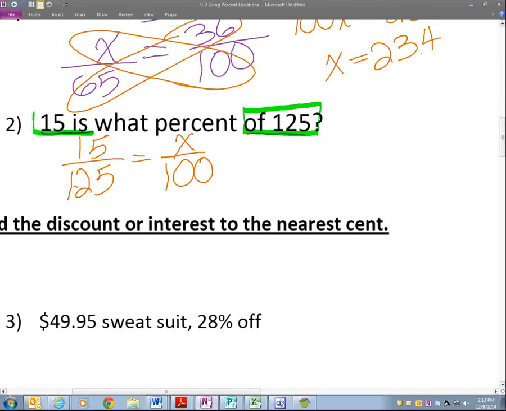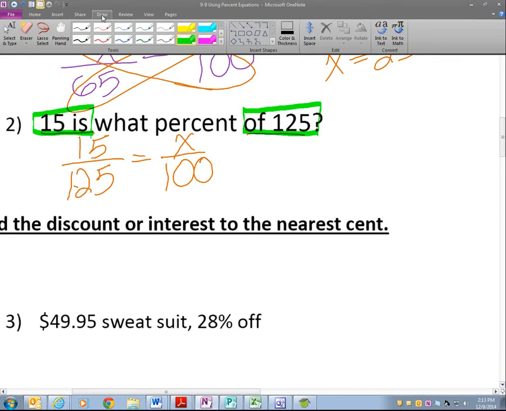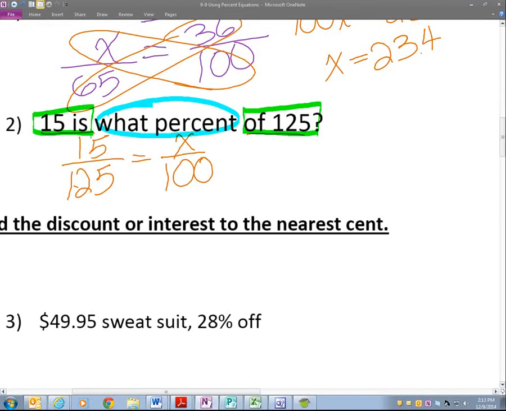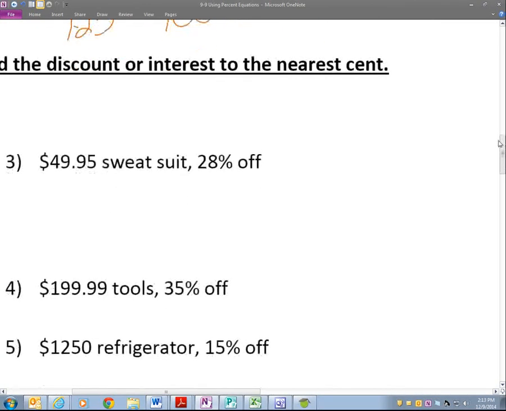Is is related to the numerator as the part, and what we don't know is what percent. They're asking what percent, so we know that x is going to be on the top right there. And it could say something like, of what number. If that was the case, then you know that it's going to be x in the denominator. When these little sentences are like that, every single little word matters. When it's part of a bigger thing, not so much, as we all found out when we were doing that group work.